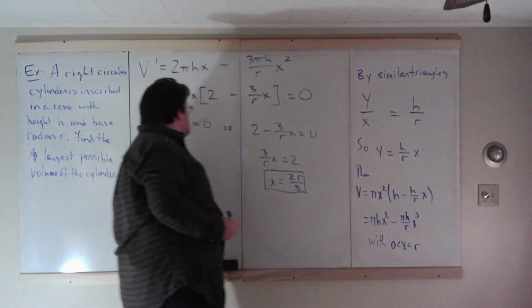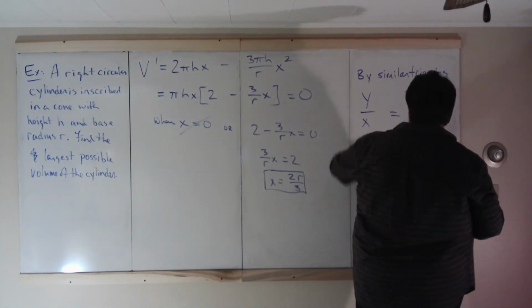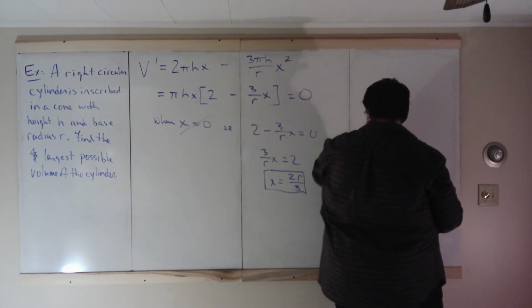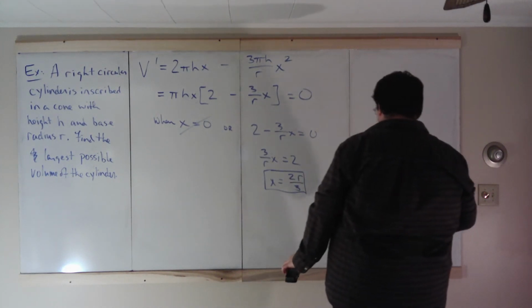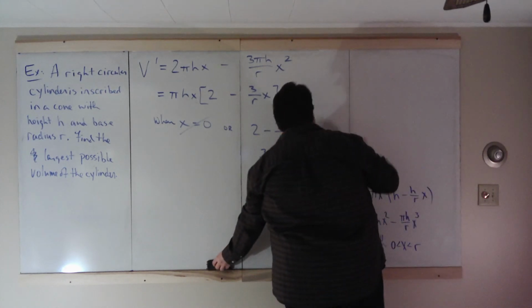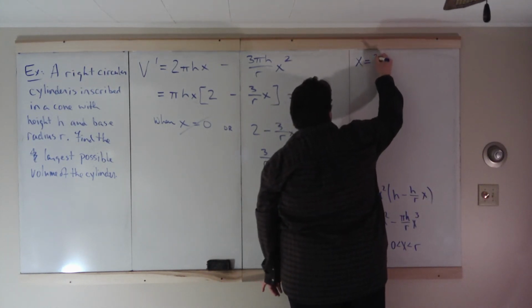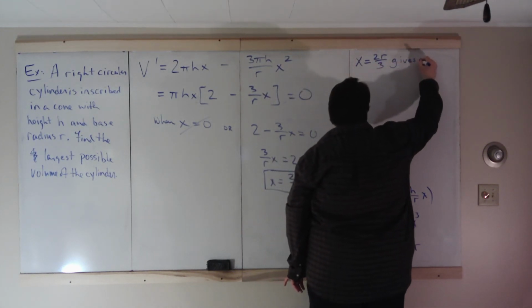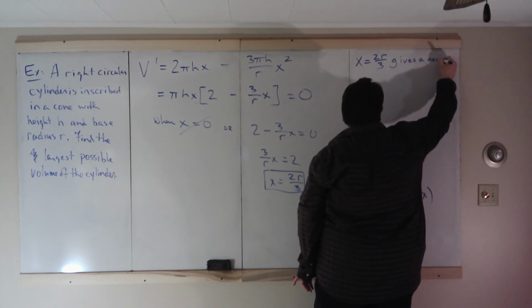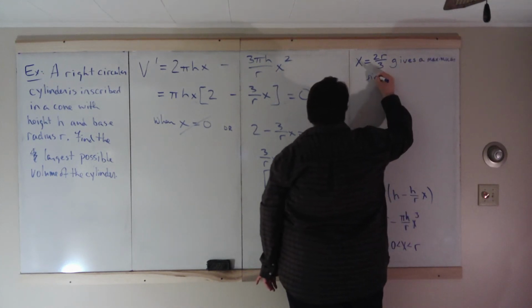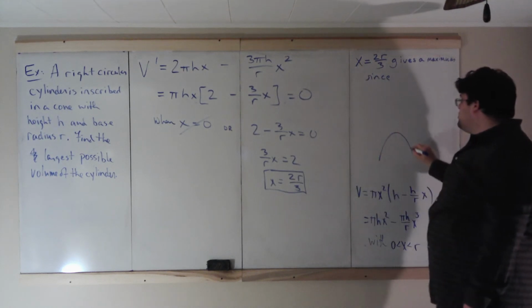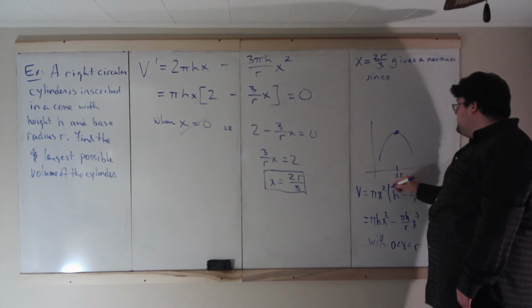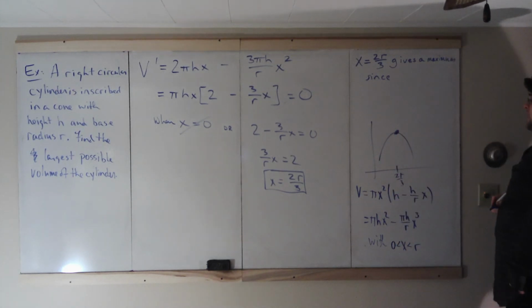Why does this give us the largest possible volume of the cylinder? Well, x equals 2r over 3 gives a maximum, since for a maximum we're going to want to show that our volume function is concave down.